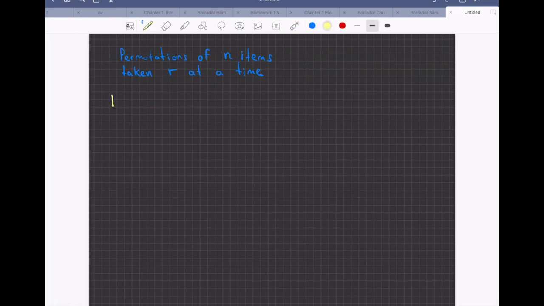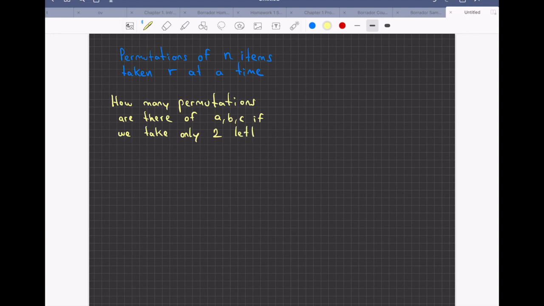What about how many permutations are there of the letters A, B, C if we take only 2 letters at a time?